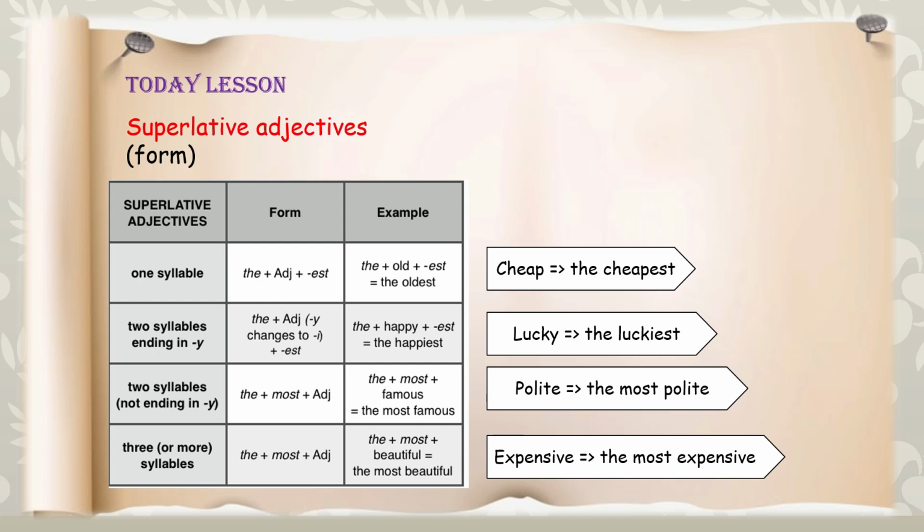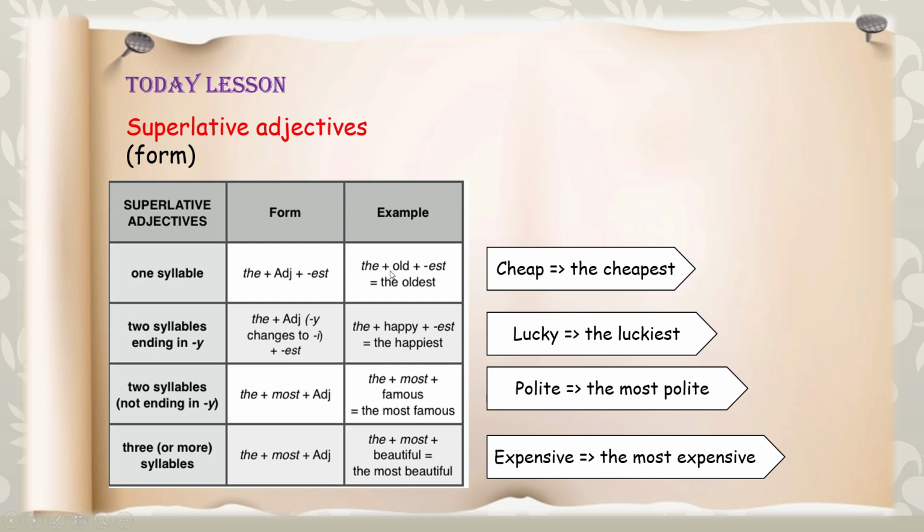Here are the forms of the superlative adjective. We have one syllable, two syllables ending in y, two syllables not ending in y, and three or more syllables. For one syllable, to change to the superlative adjective, we use the word the plus adjective plus est.